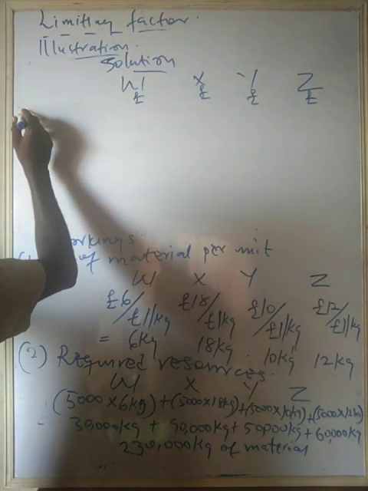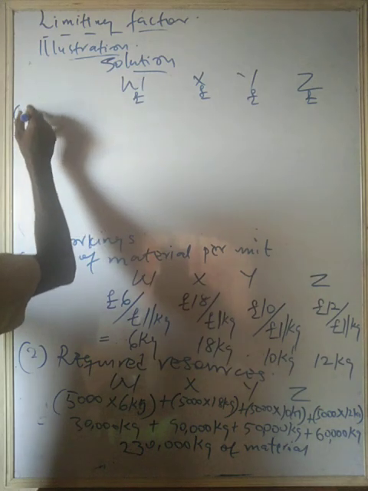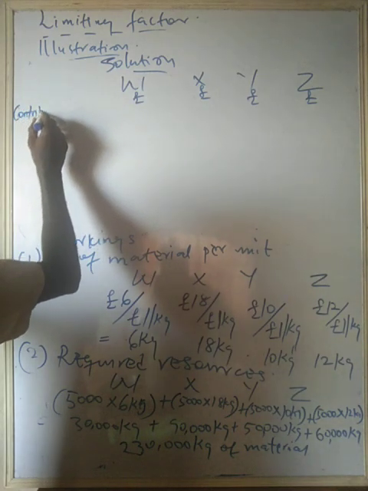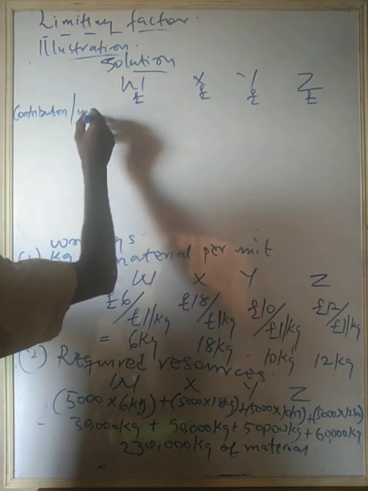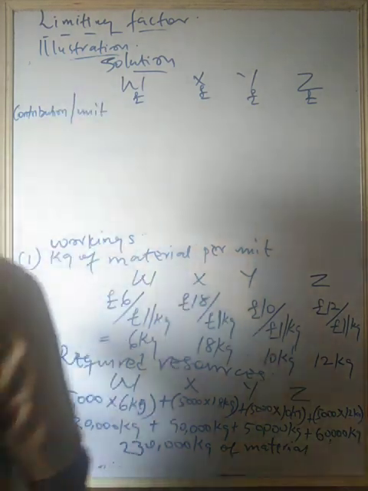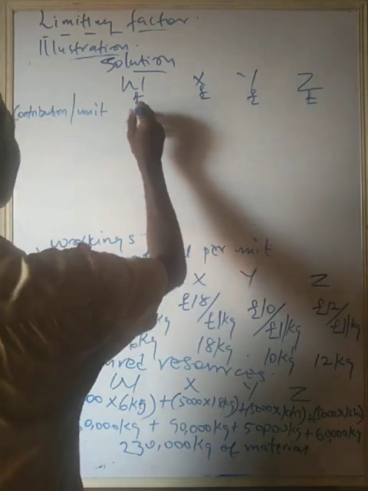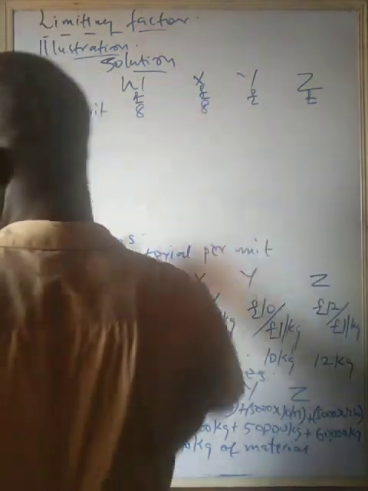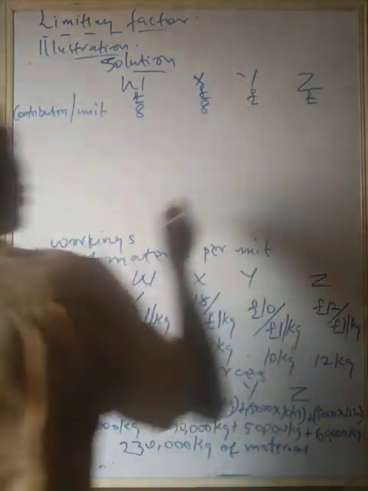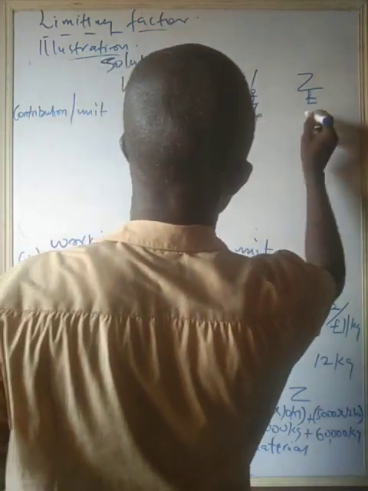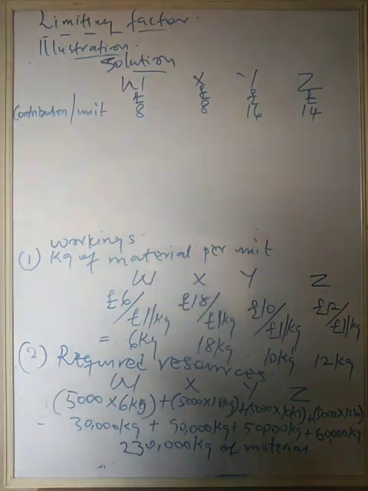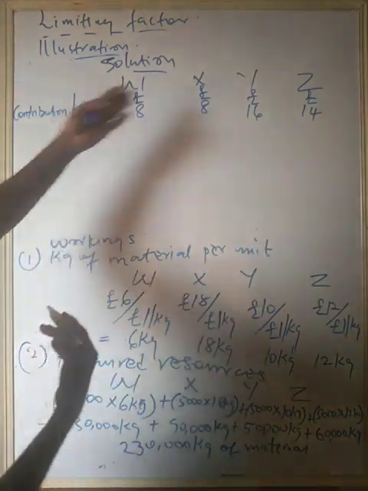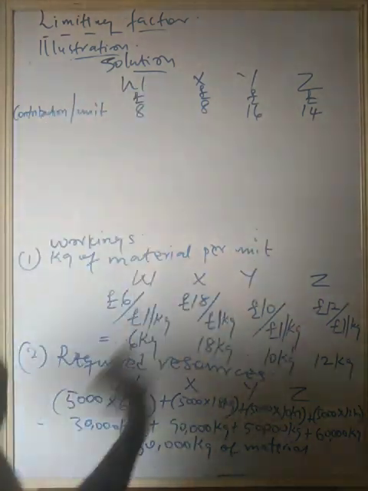And you have a contribution per unit. And what are they? 8 pounds. According to the question, you have 16 pounds and you have 14 pounds. Now that I have contribution per unit, we are going to have our what?